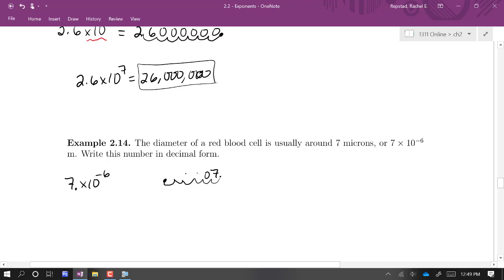I gotta put zeros in these empty spaces. So 7 times 10 to the negative 6 is 0.000007.